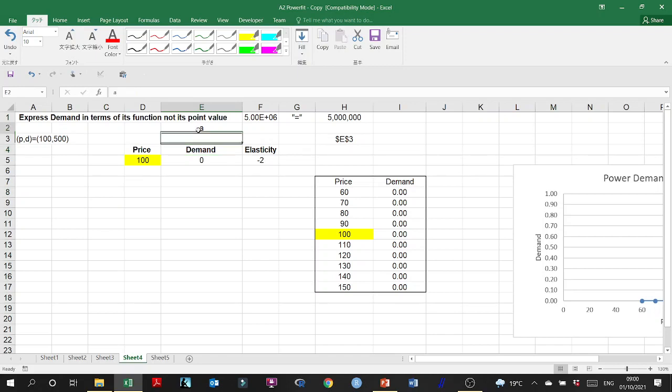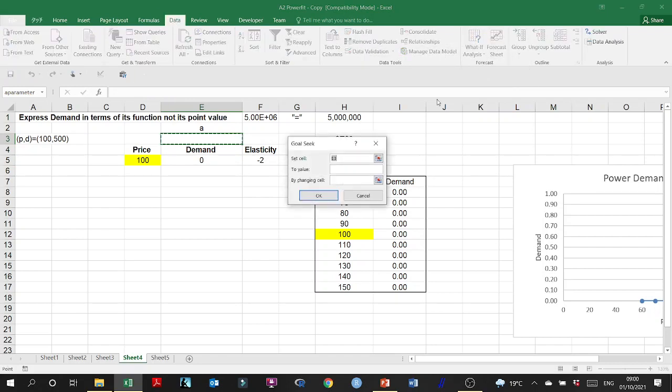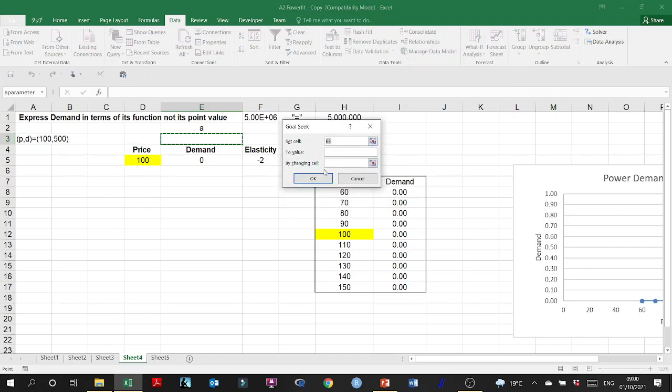Now, let's find out what A is. Finding out what A is basically by going to the data and going to the what-if analysis, goal seek. Over here, I'd rather start from the bottom up for now, by changing cell, meaning I want to find A. Change A until you find the best value of A. Set cell, again from the top, set this cell that has a function, always should have a function, set it to a certain value, which is 500.